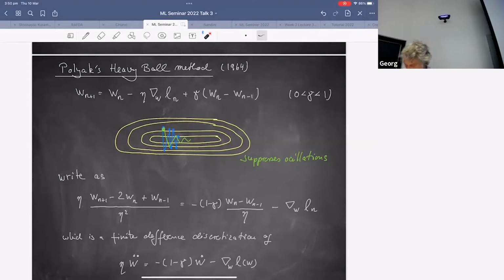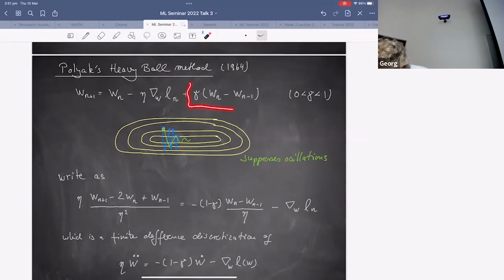And I want to show you a way of looking at those methods that might explain why they actually work better. So if I write down Polyak's heavy ball method, this here you recognize is our standard gradient descent.